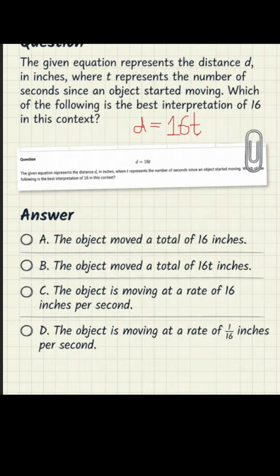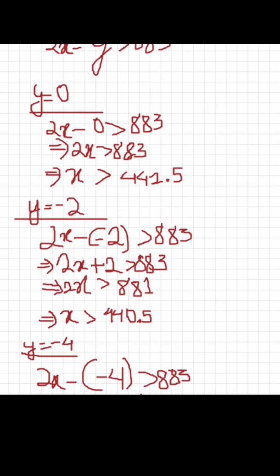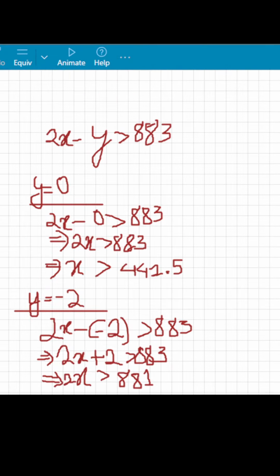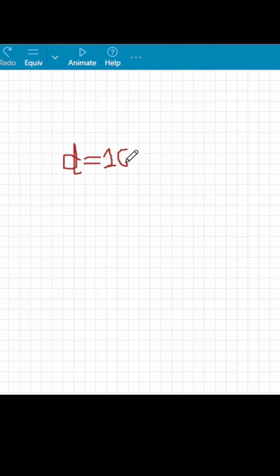Okay, so now let us do the answer here. We're given d is equal to 16t, and t is the time of movement of the object, and d is the distance covered in inches.